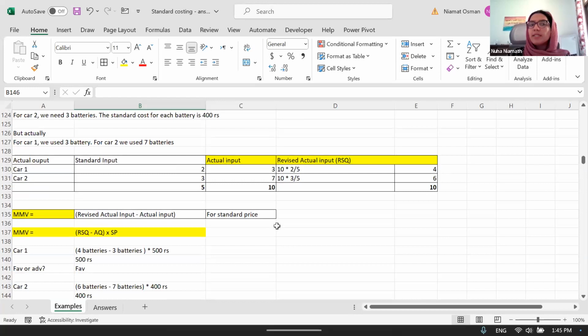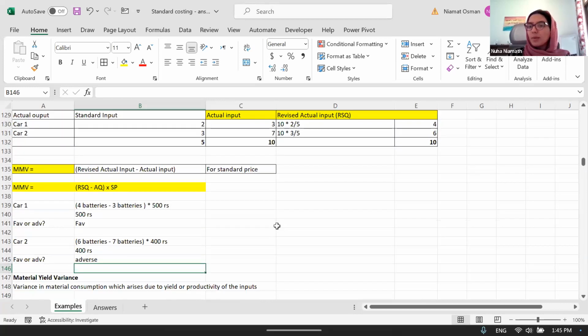So is material mix clear? Mix variance is between the revised actual input and the actual input at standard price. All clear? Okay. Thank you, Neetu. How about the others?